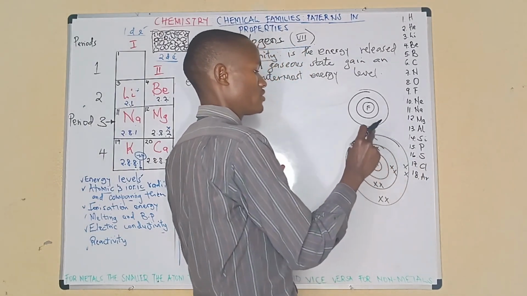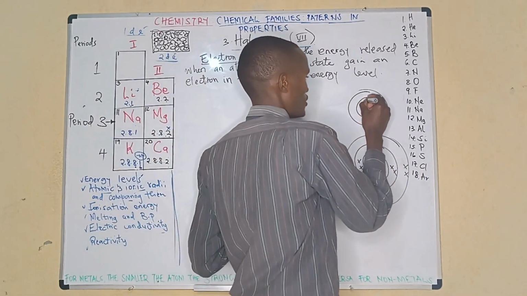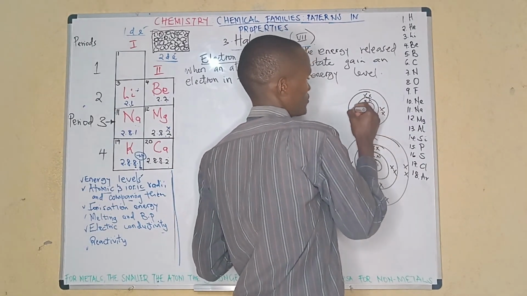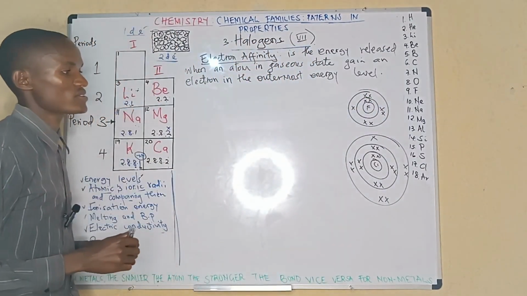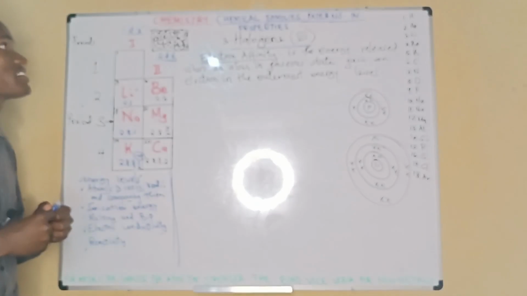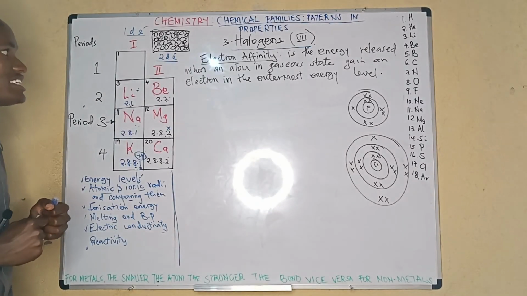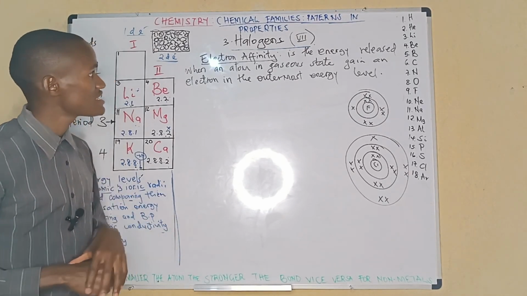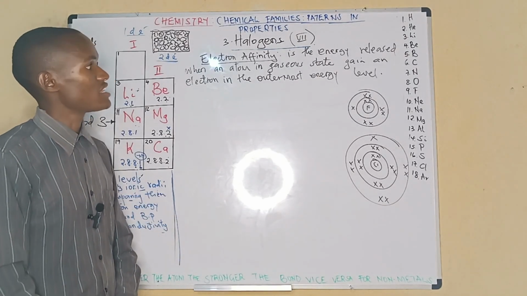Those are the atoms. And electron affinity is the energy released when an atom in gaseous state gains an electron in the outermost energy level.